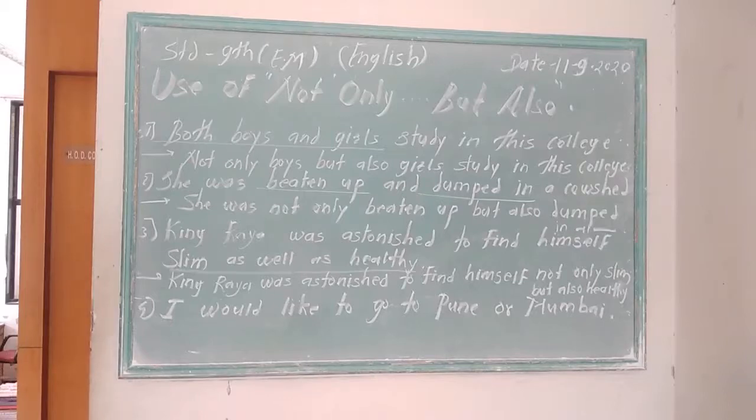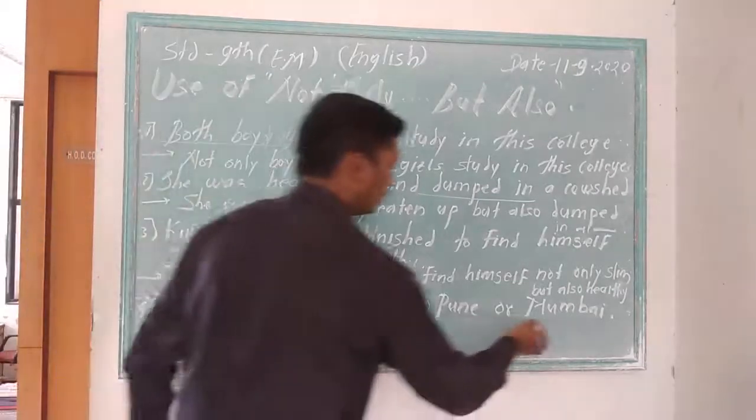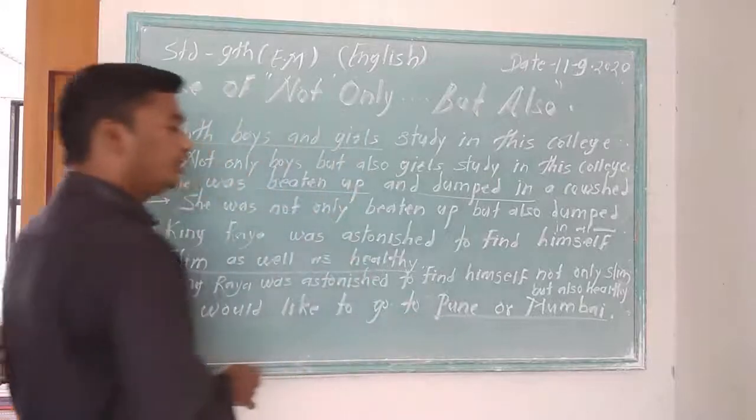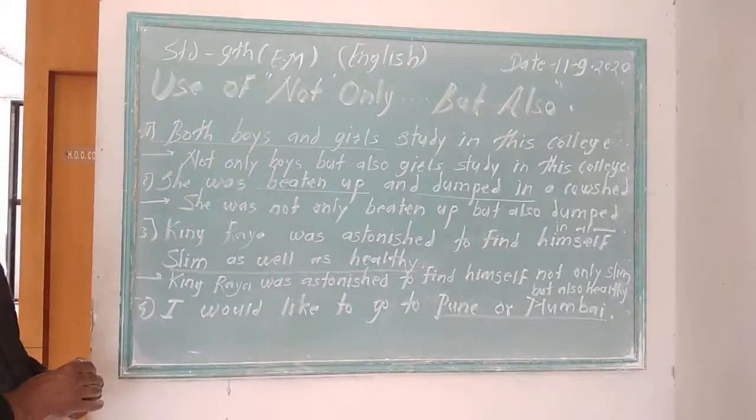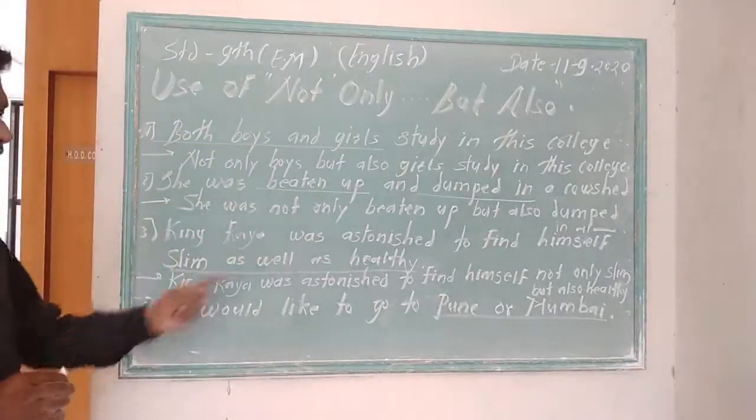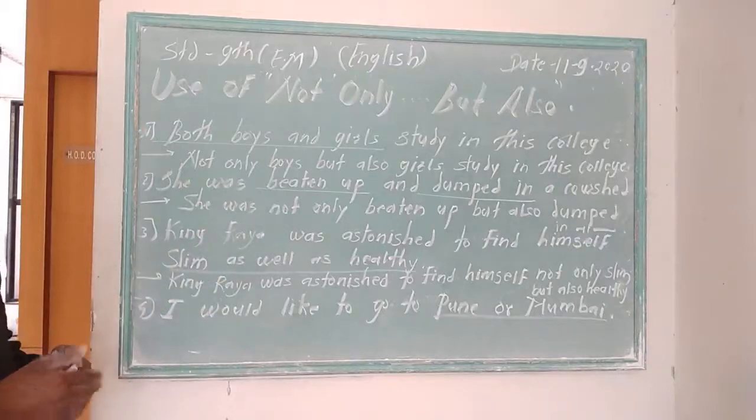I would like to go to Pune or Mumbai. In this sentence, Pune and Mumbai have been joined with or. Let's join both places with not only but also.